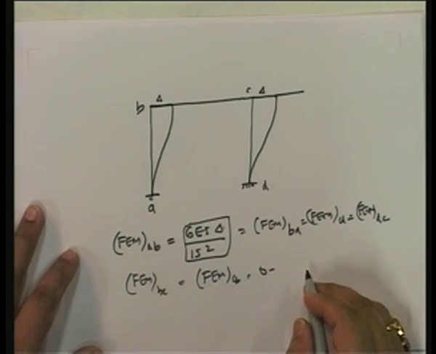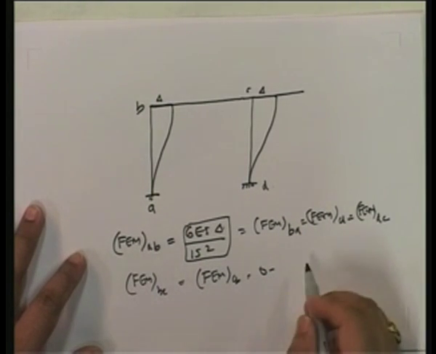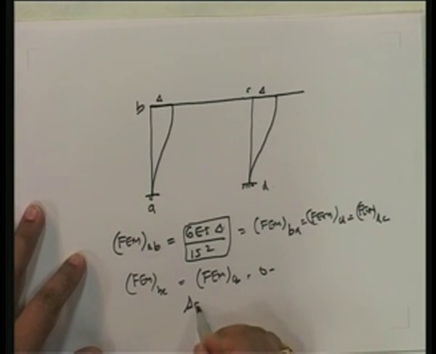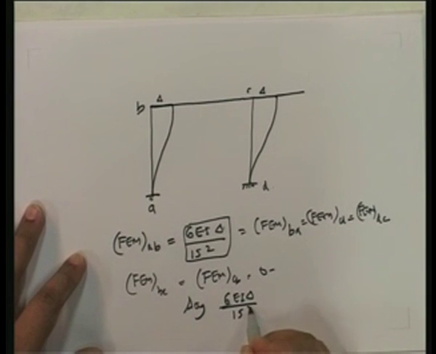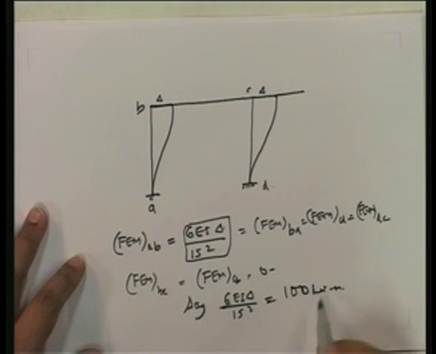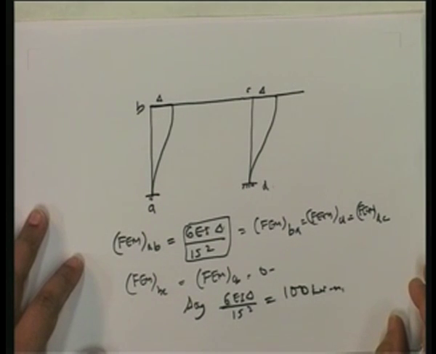So, if we say this is equal to 100, then we can say that 6 EI delta upon 15 squared is equal to 100 kilonewton meter. So, we are assuming it equal to 100. We will find out what it actually is a little bit later, because we don't know what the delta is.